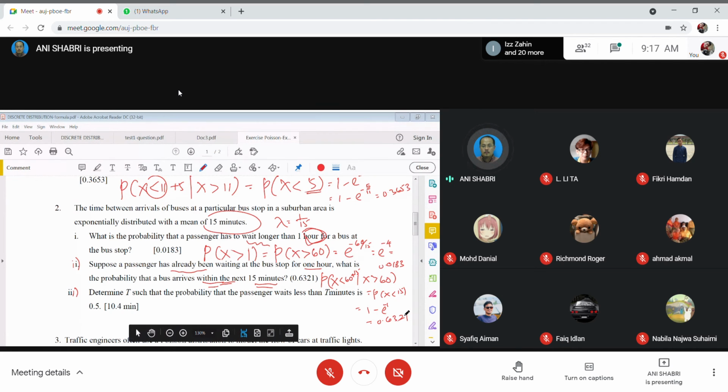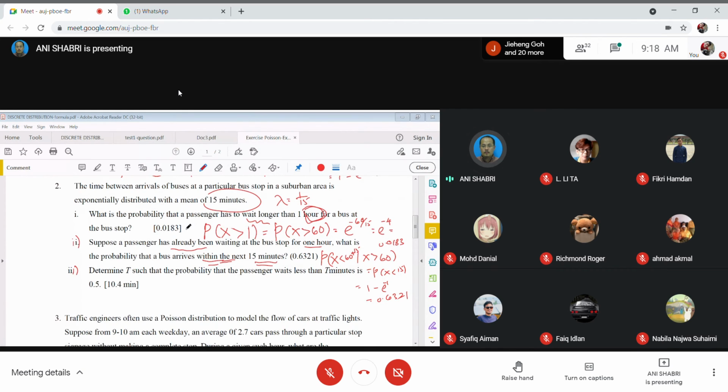Okay, number 3. Okay, determine T such that the probability that passenger wait less than T minutes is 0.5 for this one. Okay, how to write the mathematical for this one? Okay, we want to find, determining the value T, the probability that the passenger wait less than T minutes is 0.5.